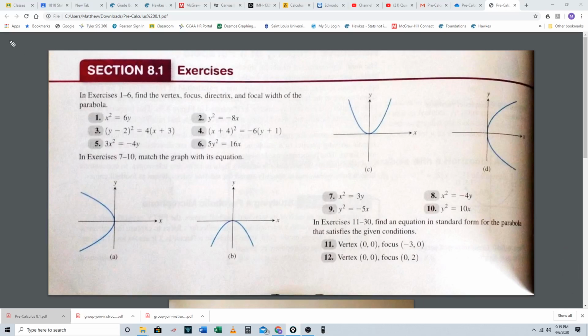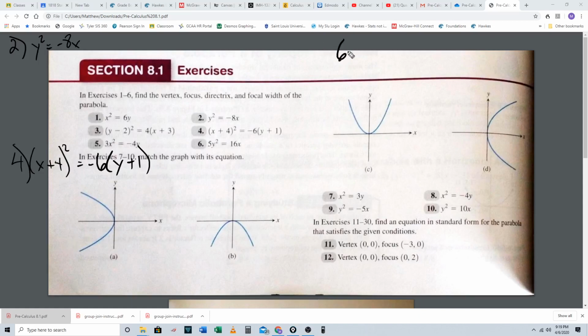So I'll just write them out here. Number 2, we have y squared equals negative 8x. Number 4, we have x plus 4 squared equals negative 6 times y plus 1.